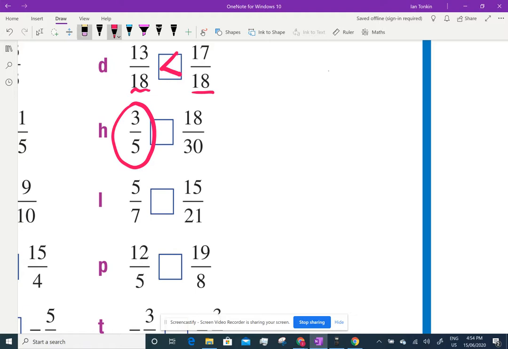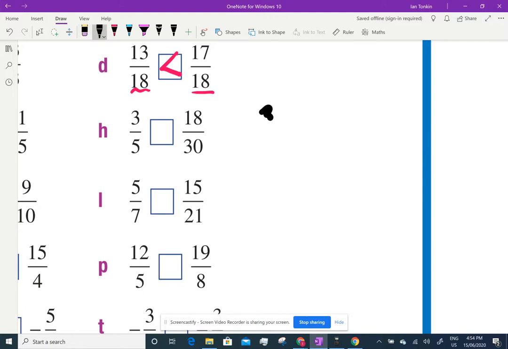And to find what number I need to change to make a common denominator, I just look at the denominators, this number and this number. And I want to find a number they both go into. Well, I'm pretty lucky because 5 multiplies into 30. That's why we did all that common denominator work earlier.